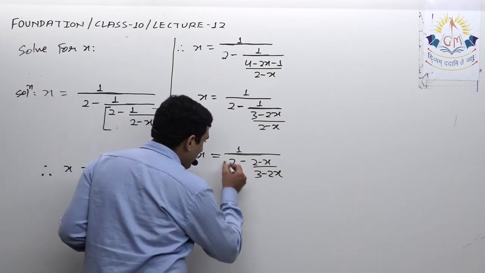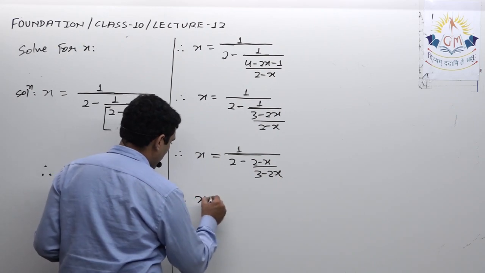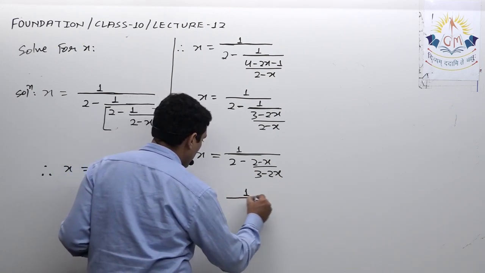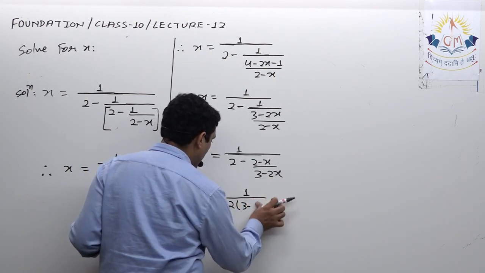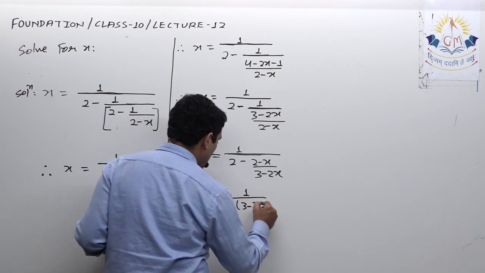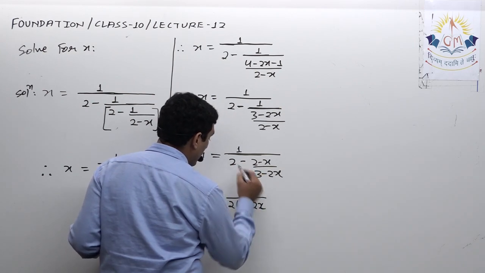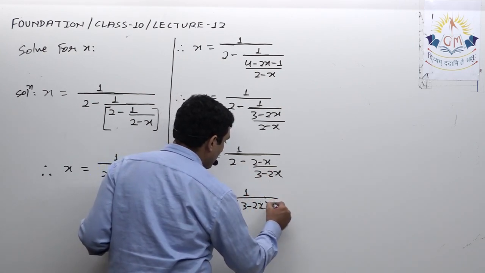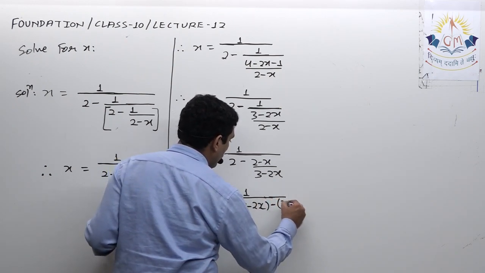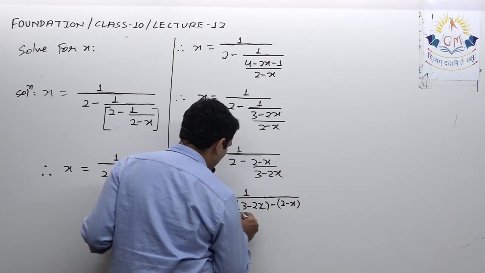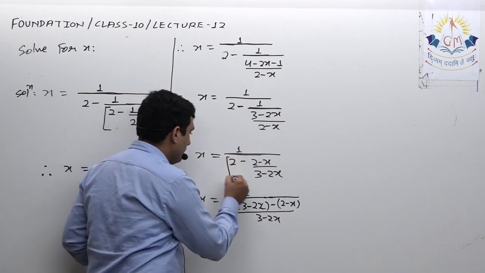Now again I will solve this, so now I will get, therefore x is equal to 1 upon 2 multiplied by 3 minus 2x, 2 multiplied by 3 minus 2x minus 2 minus x upon 3 minus 2x. Okay, now I solve this portion.